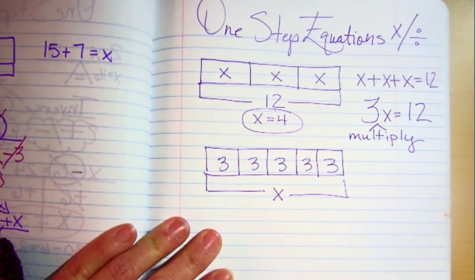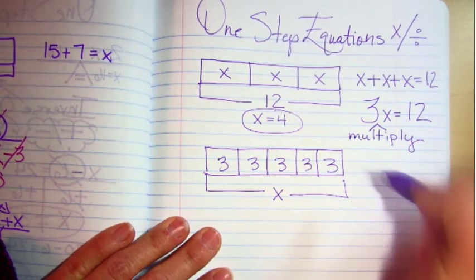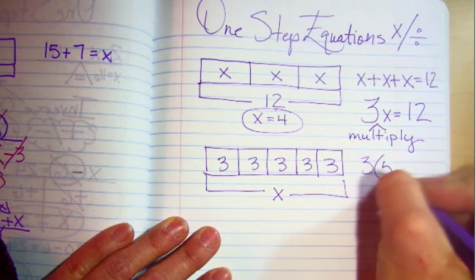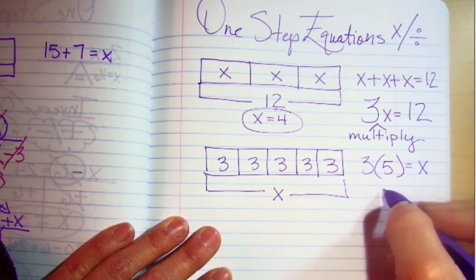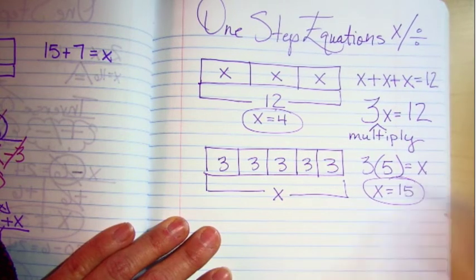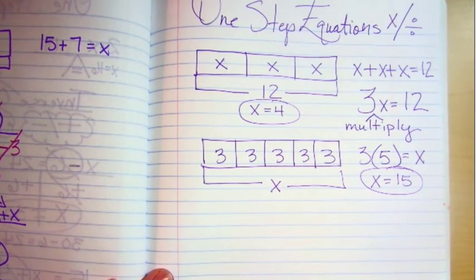Harper? 3 times 5. 3 times 5 equals x. So I know x has to equal 15 because that's the only thing that makes sense. Does that make sense?